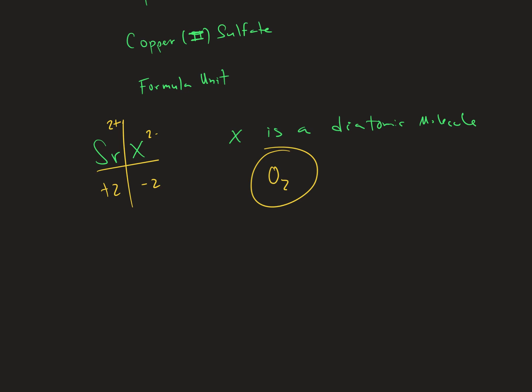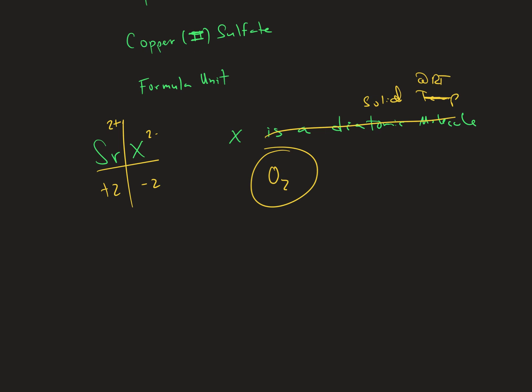What if it said X is a solid at room temperature? Then what would you guess X would be? What are the possibilities? It's no longer a diatomic molecule. So what are the possibilities of X if it has a 2- charge?